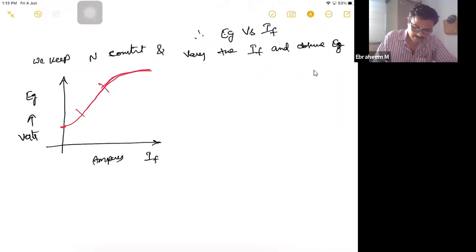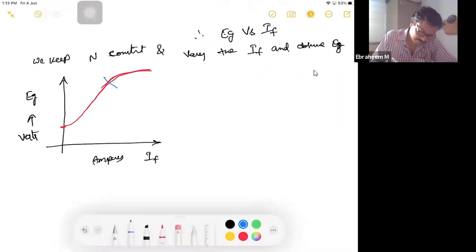So this is the linear portion, and this is saturation.